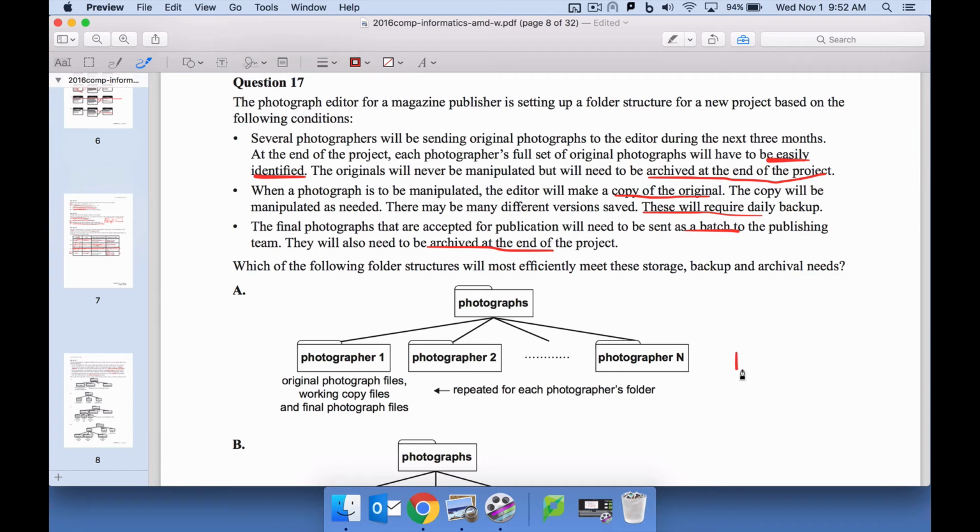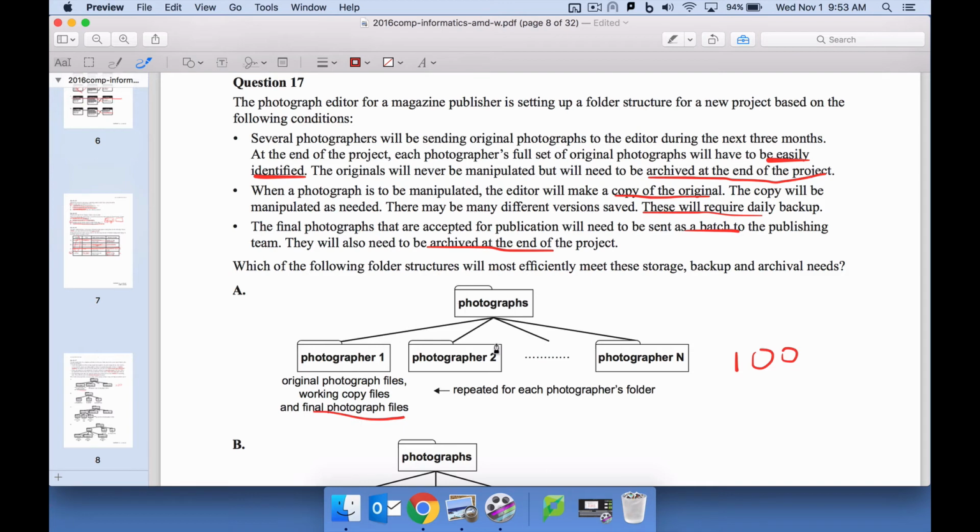But if we have a lot of, say 100 photographers that have sent in photos, there's a lot of folders to go through, and especially I'm thinking for the batch that has been chosen for publishing. To get those photos out and send them to the publishing team, I would need to go into 100 different folders by the looks of it, because we have the original photographs, the working copy files, and the final photograph files in here.